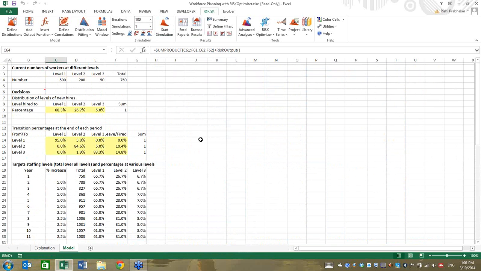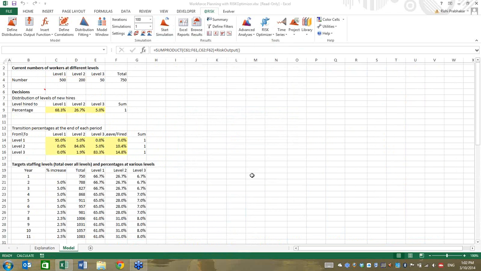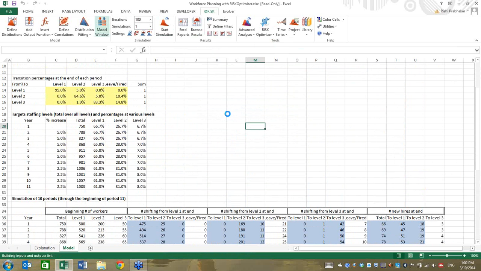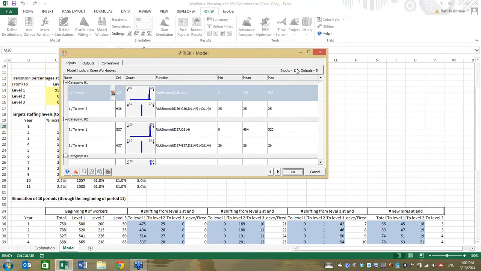Okay? But again, there's a different style of model, and with the unique feature of having multiple decision sets, each of them having their own personal rules, but us wanting to solve all of these simultaneously. Okay. And this model itself, let's open the model window, had 120 inputs and 5 outputs in it.